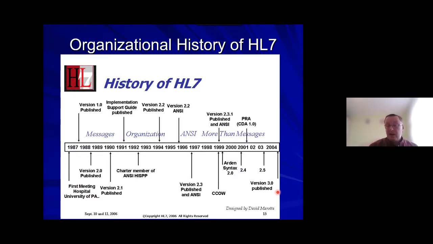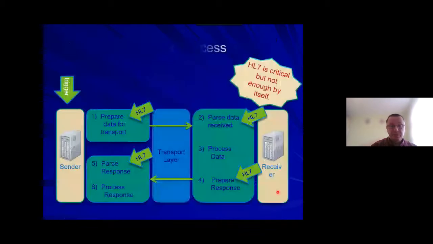And the role of information standardization has grown significantly, and it is very important.